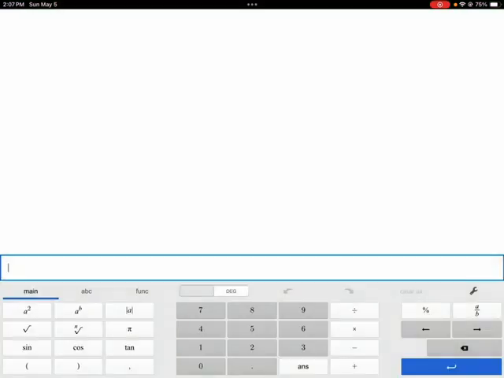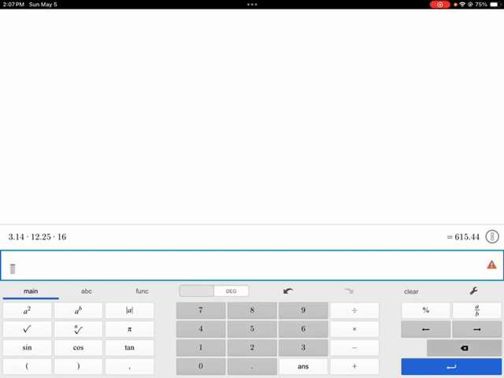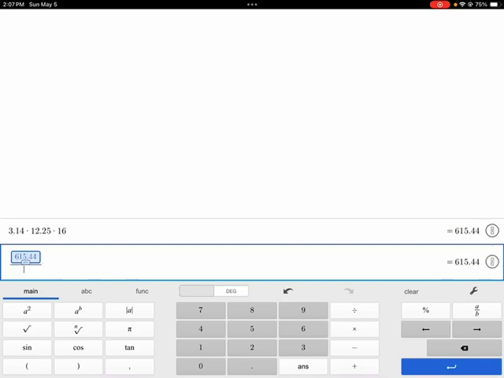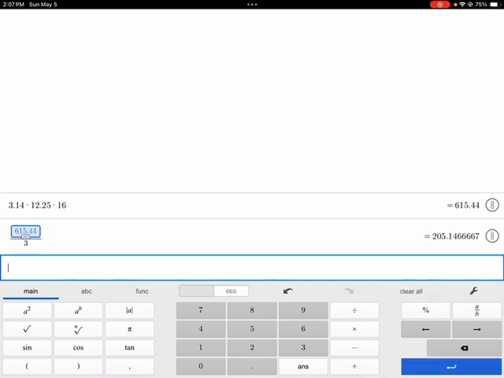Okay, so we take 3.14 times 12.25 times 16 equals. Then we're going to take that and divide it by 3. And there's where we get our answer.